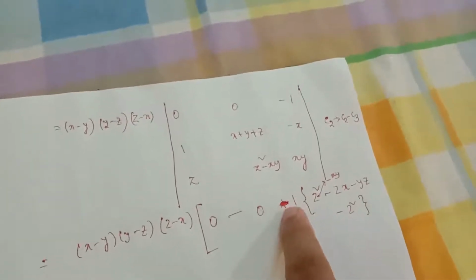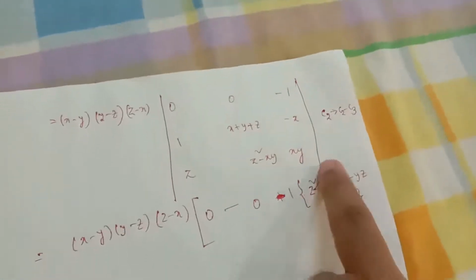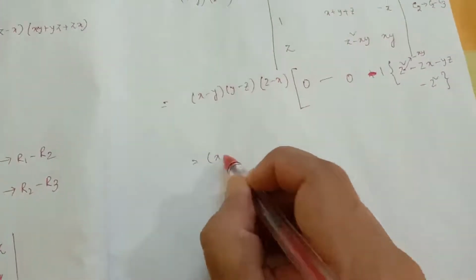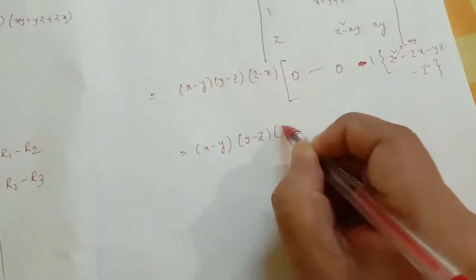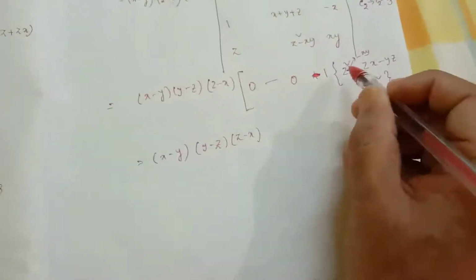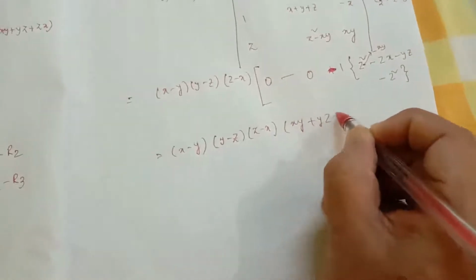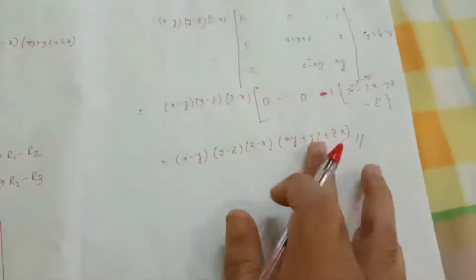Minus 1 into minus xy minus yz minus zx will be plus xy plus yz plus zx. So this will be x minus y, y minus z, z minus x, minus 1 into this will be xy plus yz plus zx. Okay, this is our right hand side.